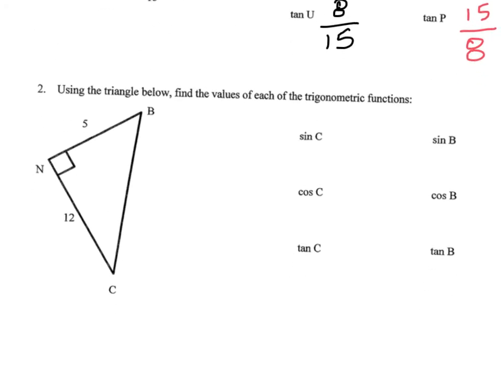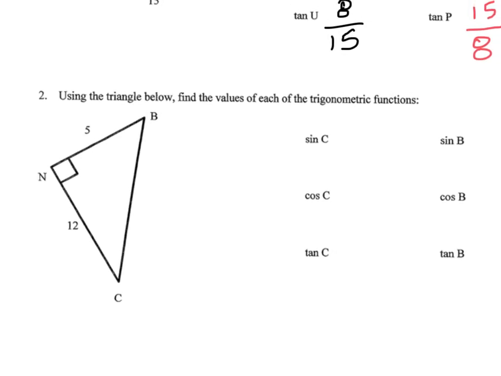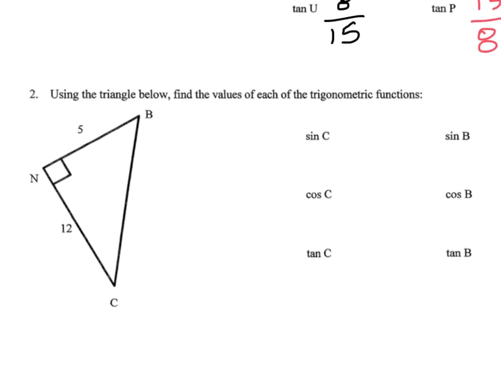Now we're going to look at the next triangle. Now in the next triangle, it asks us to find the 3 trig functions. So I'm going to start at C, and sine is opposite over hypotenuse. Opposite is 5 over the hypotenuse. Oh no, I don't have the hypotenuse. So no need to worry.